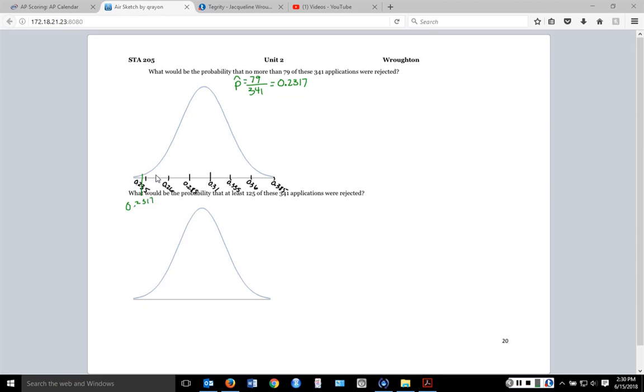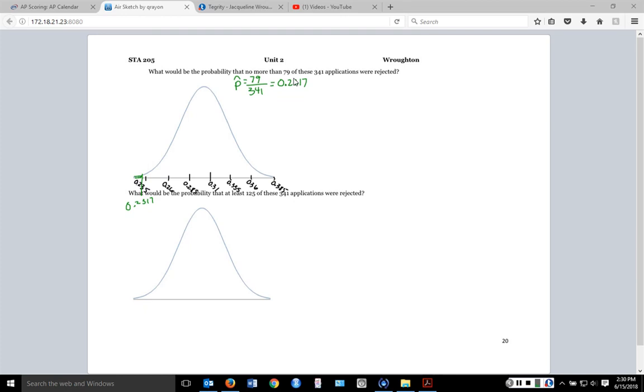So there's our 0.2317. And the fact that then it says no more than, so this would be the largest number it is. So that technically means we're going to shade everything smaller to the left of it. So I can already tell from my picture this is going to be a pretty small number.